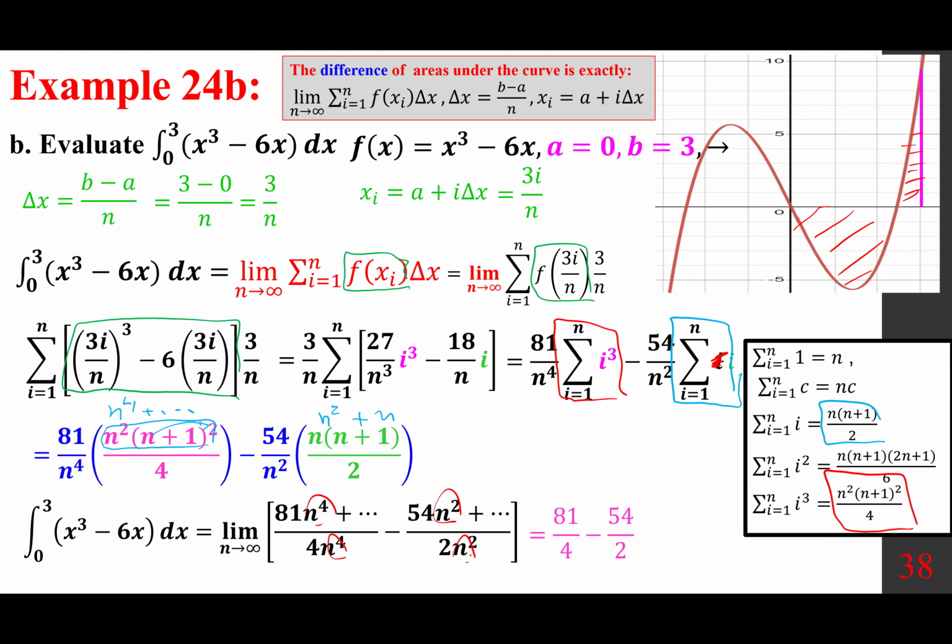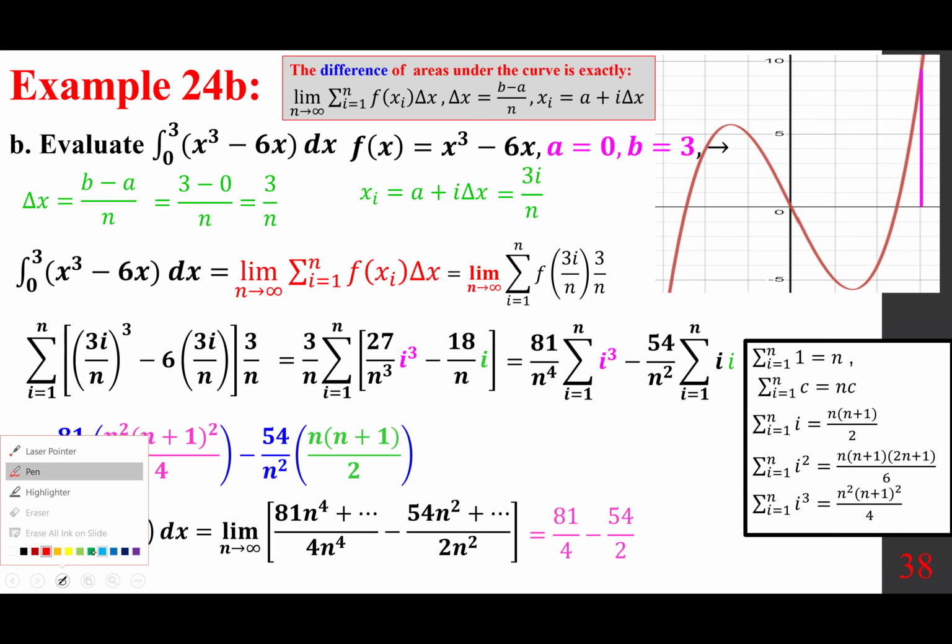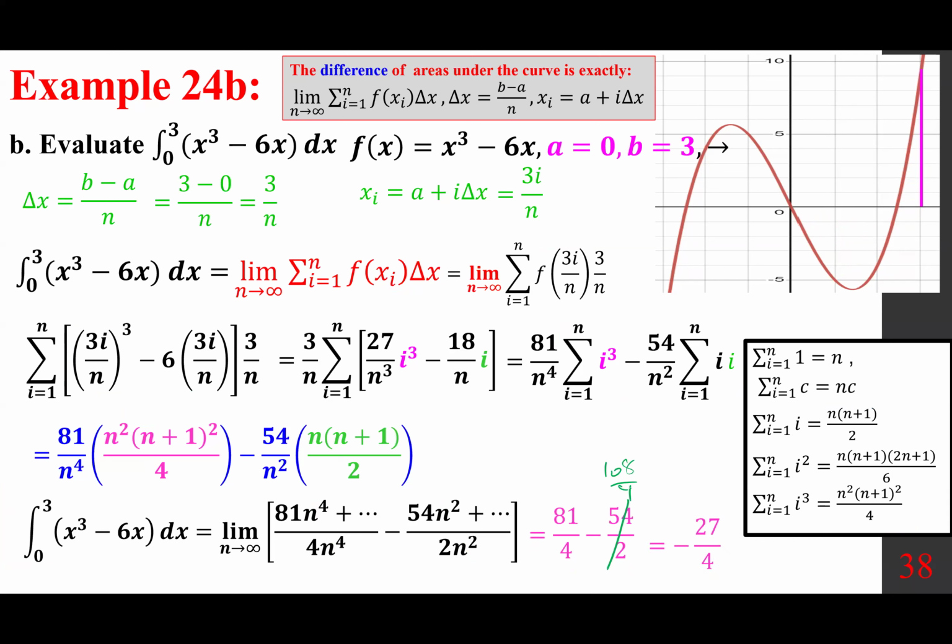And it becomes 108 over 4 minus 27 over 4. So that's, I hope, pretty straightforward. Should be pretty simple. It's just a matter of evaluating the limit for a rational function, everybody.